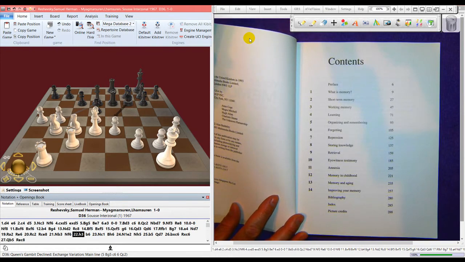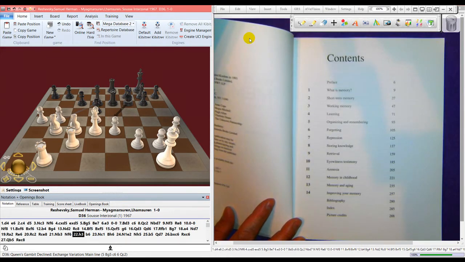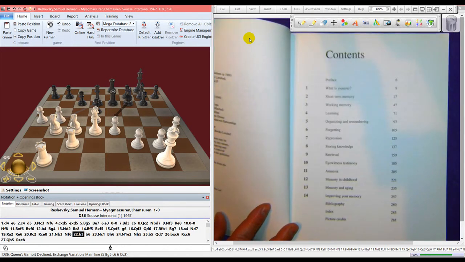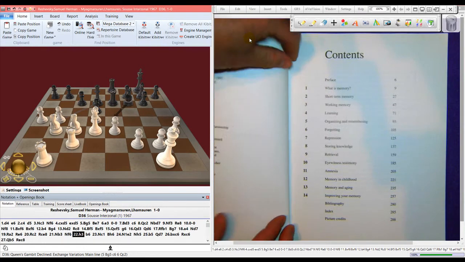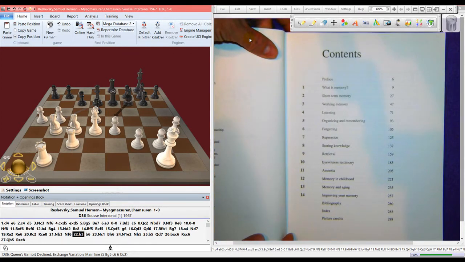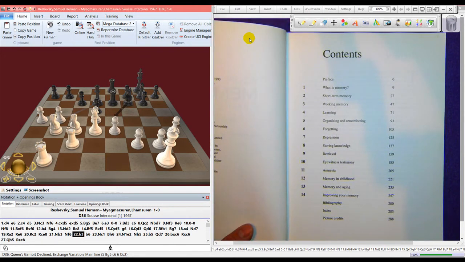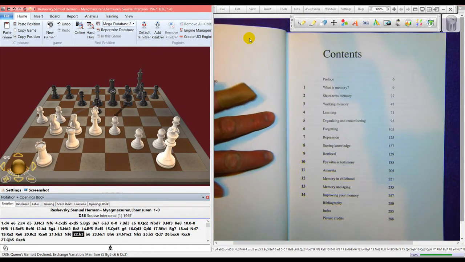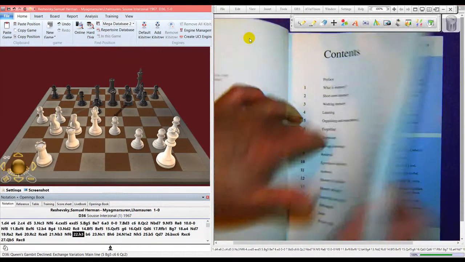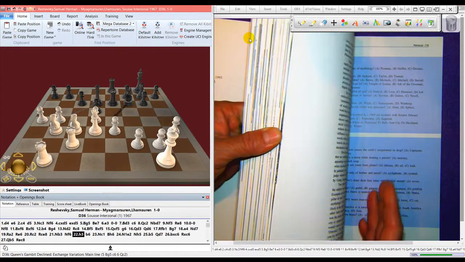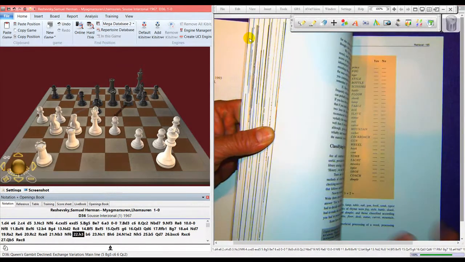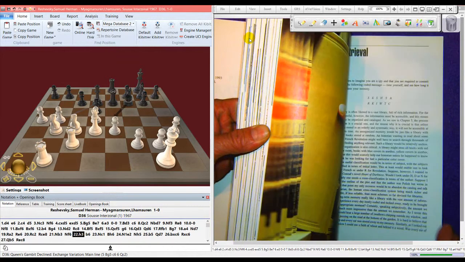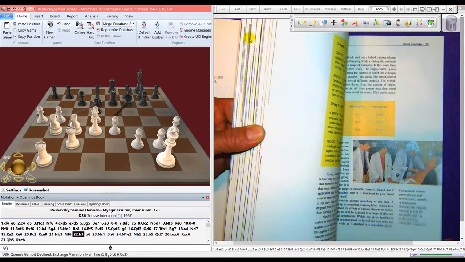Let's go ahead and zoom in on that. Try to make sure that everybody could see that. Now there is one part in here I want you to take a look at. I think it's on page 120. I don't have this whole book memorized, but I think it's around page 120.